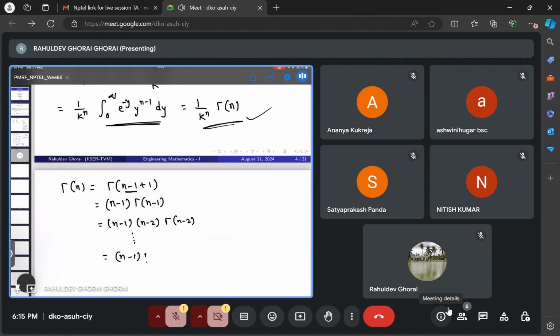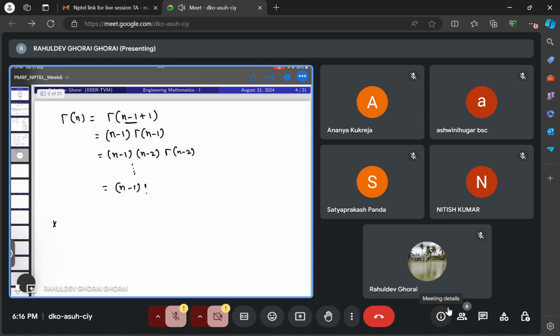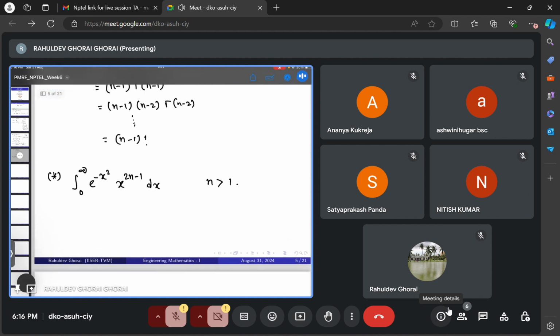So that was the one thing. Now there will be several questions, and I want to give you some of them. Let's say there is a question: the integral from 0 to infinity of e to the power minus x square times x to the power 2n minus 1 dx, n greater than 1. What will be the value of this? How do you do it?